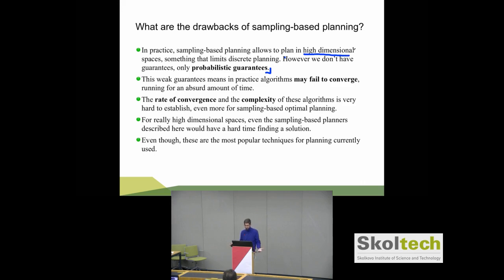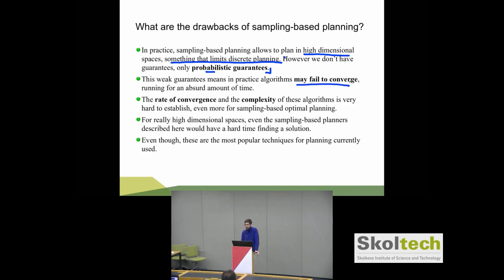We go to high dimensional spaces, and this is a limiting factor for graph search. With more dimensions, we have many more elements, and then we cannot really find a solution. With sampling-based, we have guarantees, and we can tackle higher dimensional problems. So this is an advantage, actually.